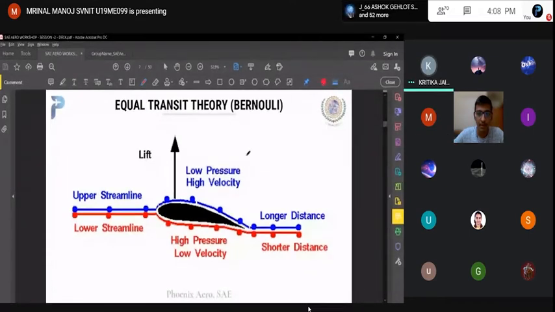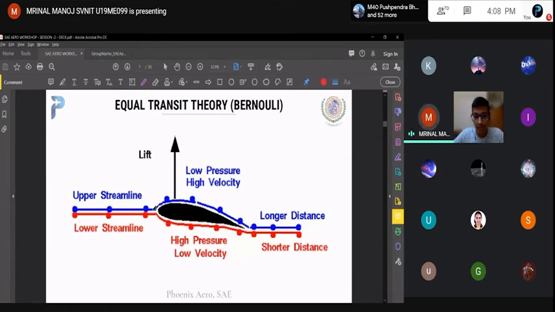Over here, you can see all these dots. These dots are air molecules. What the equal transit theory basically states is that two air molecules that strike the front end of the airfoil should, no matter what, meet at the end of the airfoil.